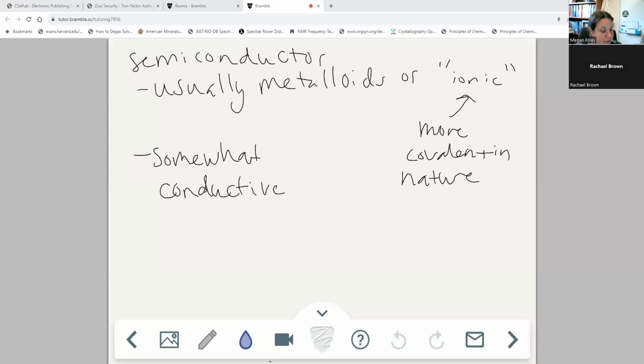So they all have some conductive nature, and it's all based on their electronic properties, which we'll look at a little bit more in class. I just wanted to point out that we will be talking about those, but it's not a topic that I think is going to be very difficult for people.